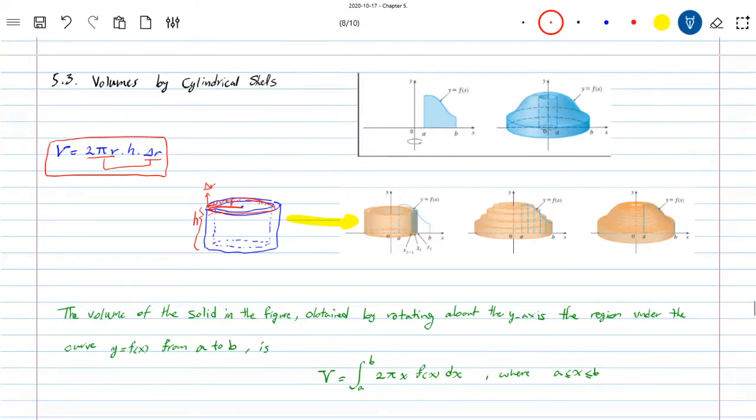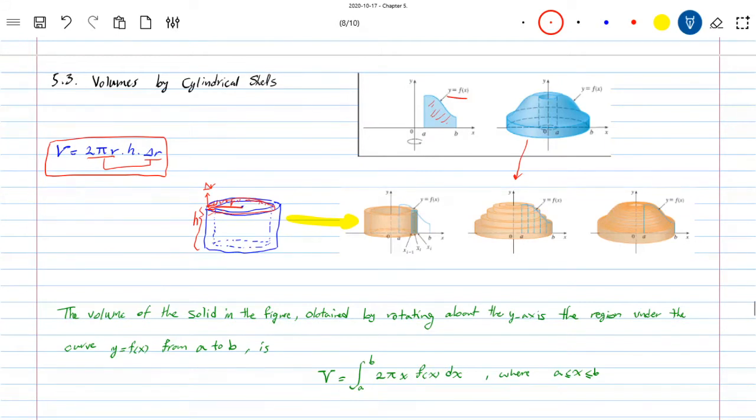Normally, if you're given a function f and they say given this area under the function, by rotating this around the y-axis, you will create a cylindrical shape. It's not a cylinder, but if you look at this in smaller pieces, each piece will correspond to a cylindrical shape.